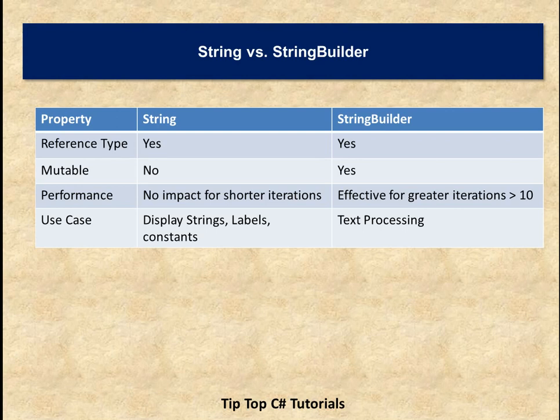So that overhead will not be there for StringBuilder. Use case: as we discussed, string is very effective for displaying strings, labels, and constants, which will have minimal change and where immutability is not causing any disadvantage. Whereas StringBuilder is really for text processing, where the mutable property is beneficial.